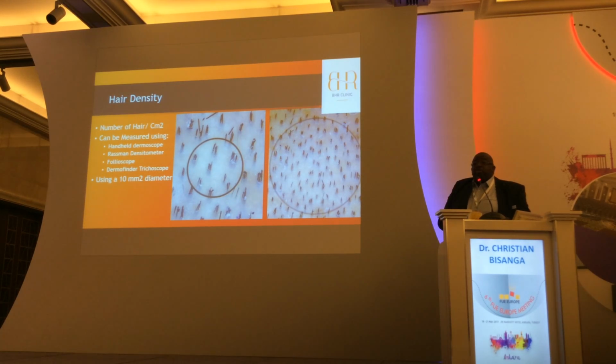But if someone is going to be a Norwood 6, a Norwood 7, you really need to make sure that you have enough in terms of coverage, otherwise the patient will complain that the result is not thick enough because you put too many 2s or too many single hairs.